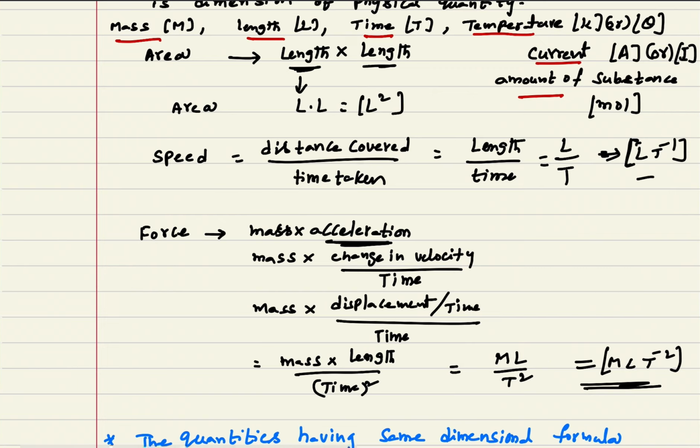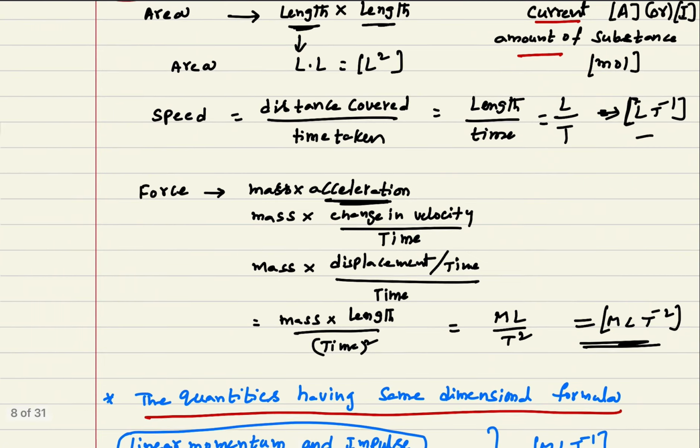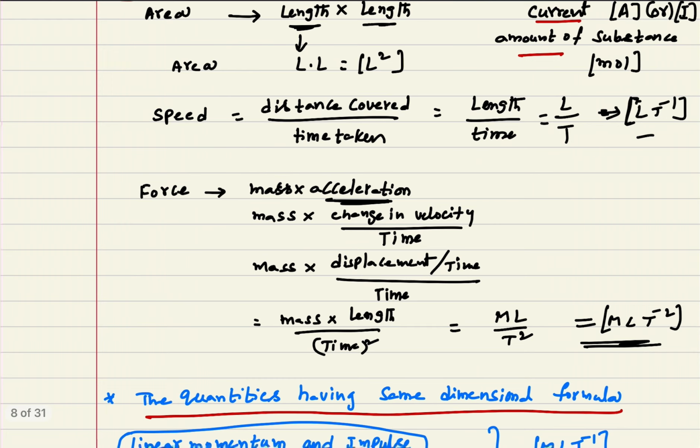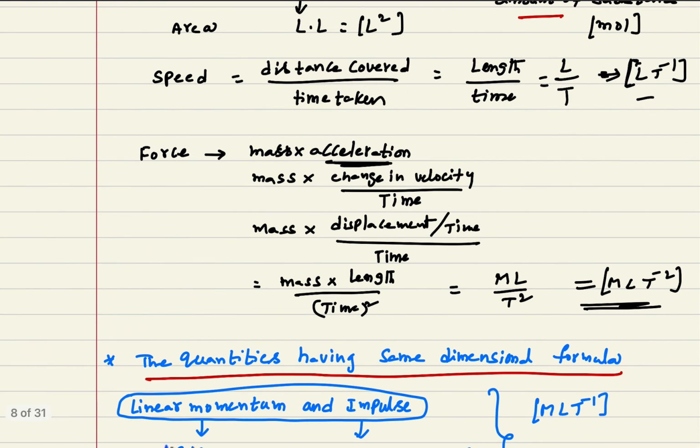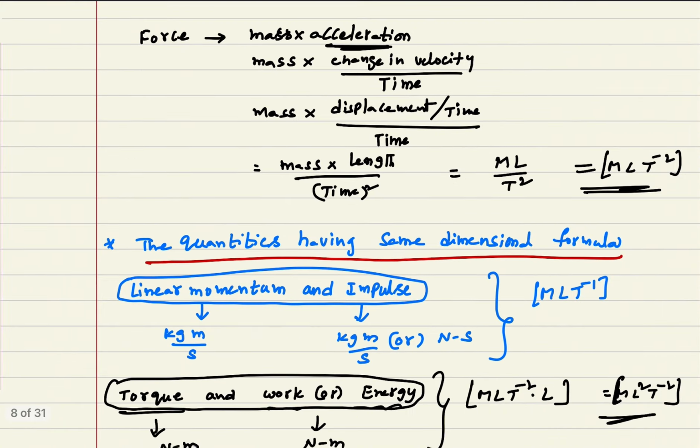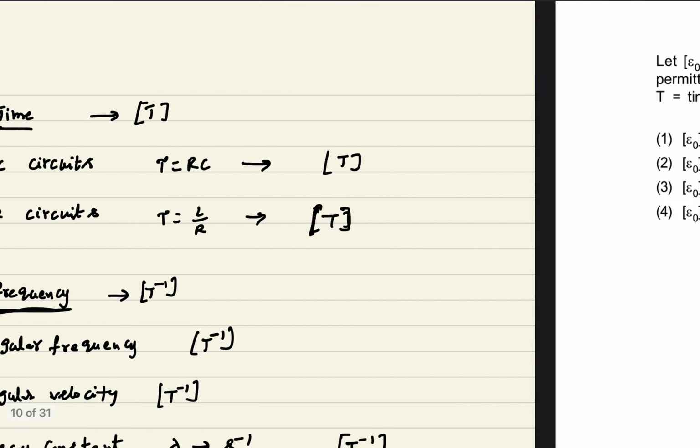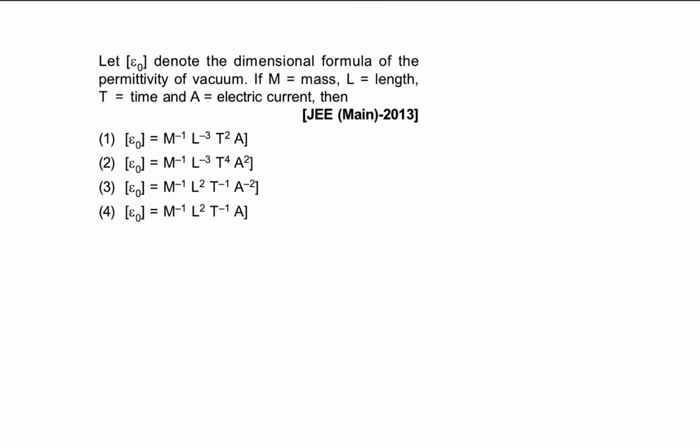First we have to know the relation between the different physical quantities, and express them in terms of the fundamental physical quantities, then write the relation in terms of the MLT form. I am going to do some questions now. Observe this carefully.